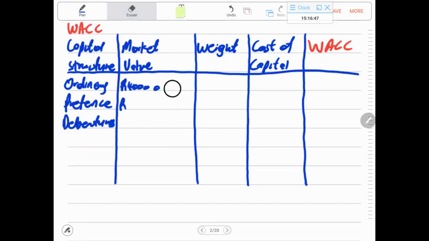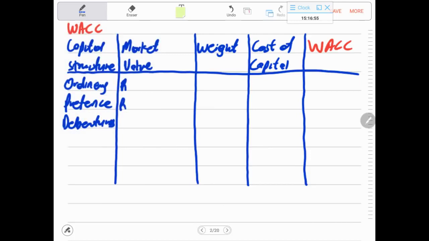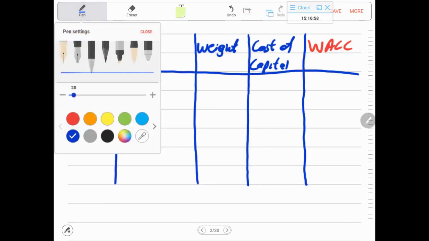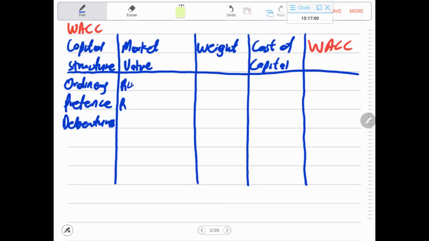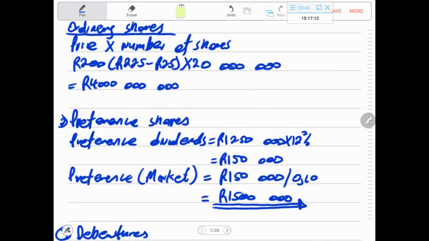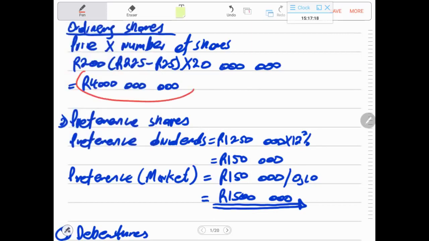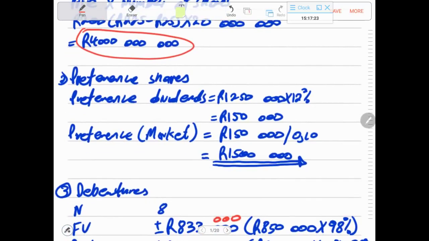Let me just check that and use a bit smaller writing for visibility purposes. We had that 4, 5, 6, 7, 8, 9. Then for the next financial instrument, it was preference. Ordinary, there we have our 4 with 9 zeros. Then we come to our preference.